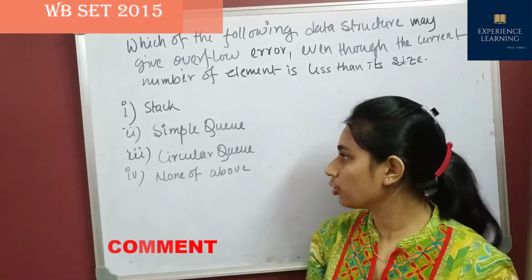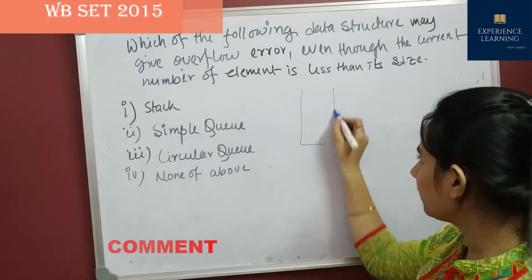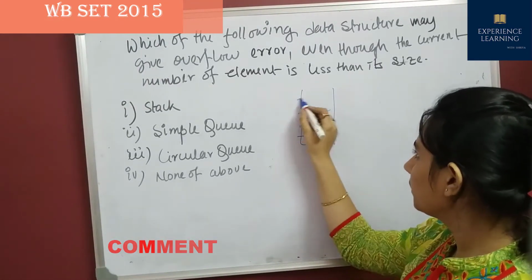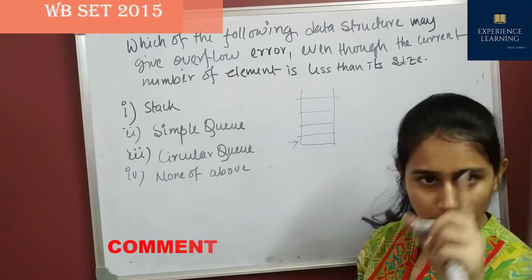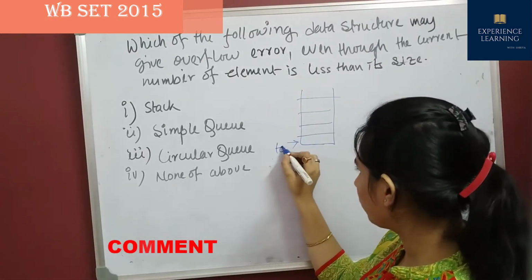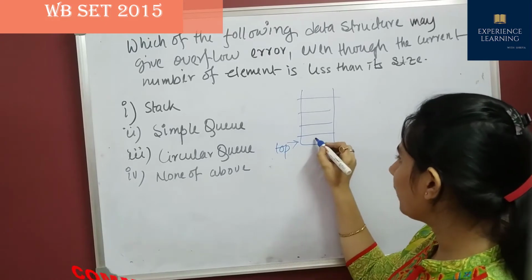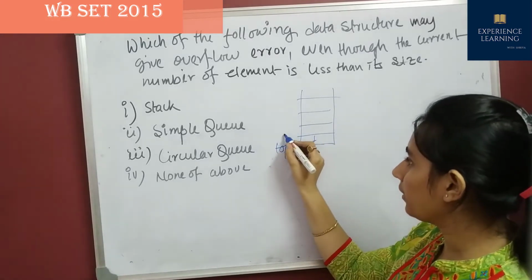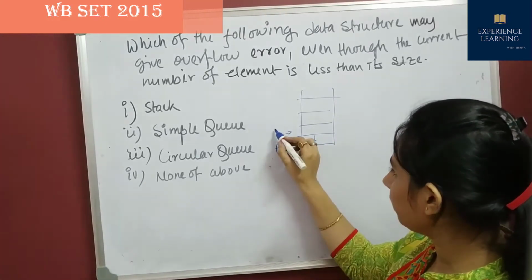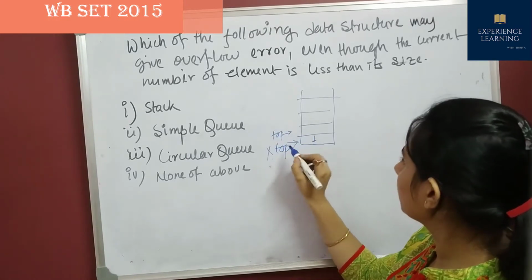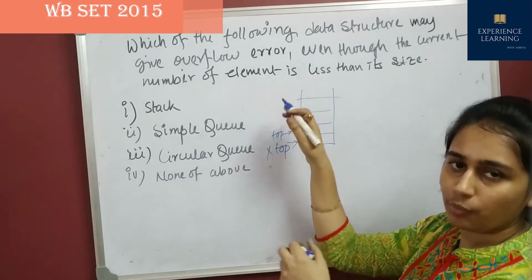I know that you know about stack. Here we have only one pointer. Say now the top is here. If you are inserting data, the top will be incremented. You are just inserting data one after another.